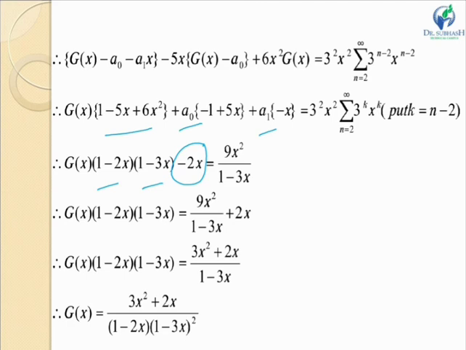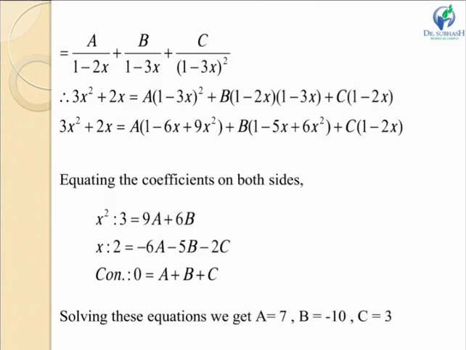Now this 2x will move to the other side, it will become plus 2x. On taking the LCM and simplifying, we get (3x square plus 2x) upon 1 minus 3x. And again I will put this portion in the denominator of the other side, so I get G(x) equal to (3x square plus 2x) upon (1 minus 2x) into (1 minus 3x) square.